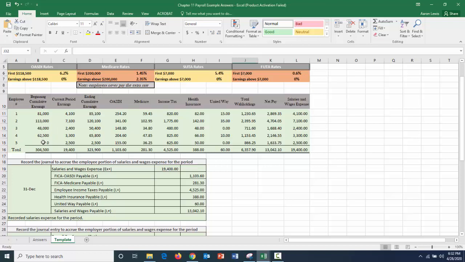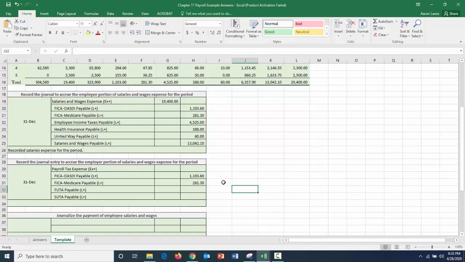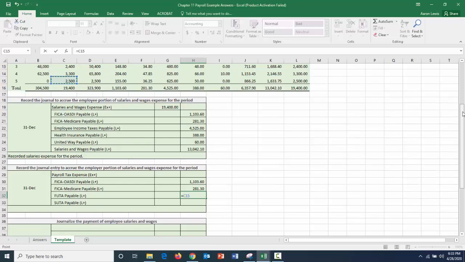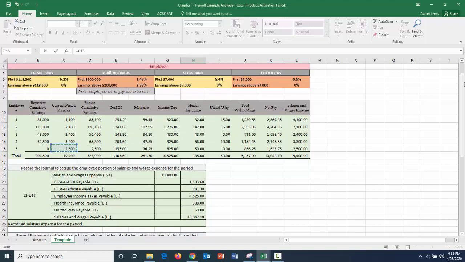Employee 5, however, is the new person. The new person has no beginning cumulative earnings for the period, which means the $2,500 that they made during the period is subject to SUTA and FUTA taxation. So, starting with FUTA, what we're going to have to do is take the amount that employee 5 has made, because it's all subject to this taxation, and multiply it by the federal unemployment tax rate, which is 0.6%.